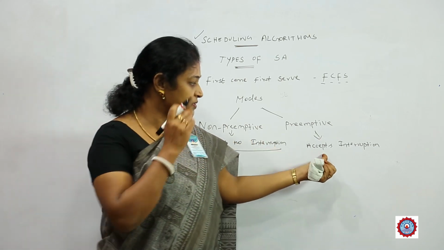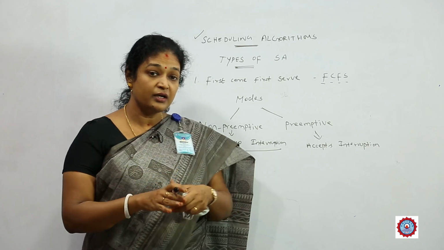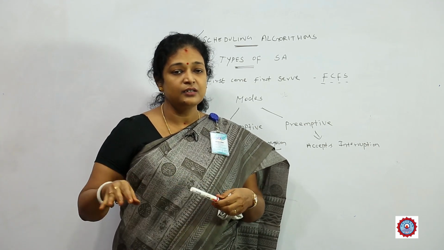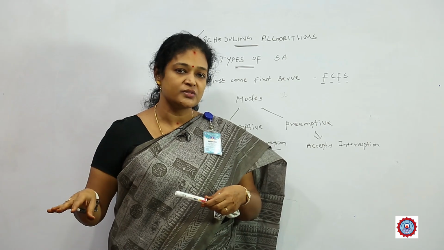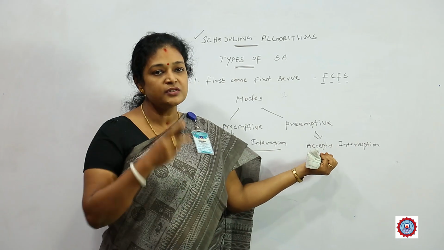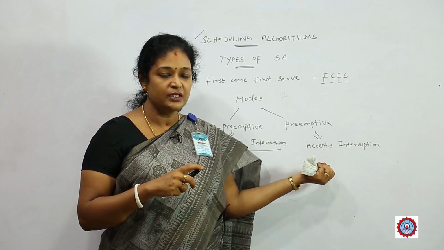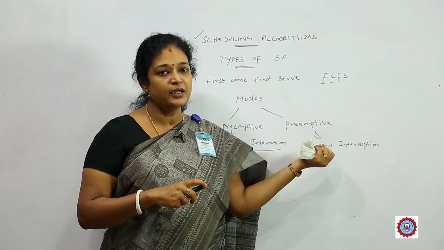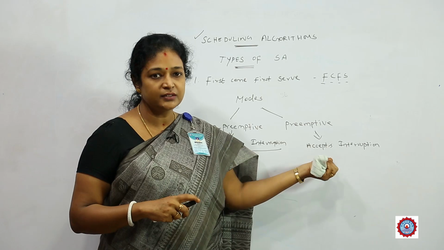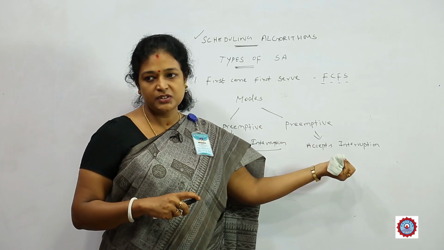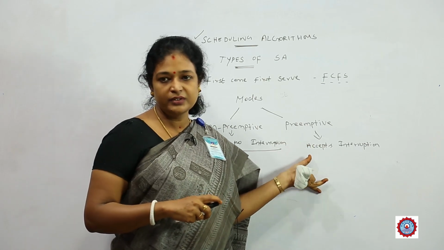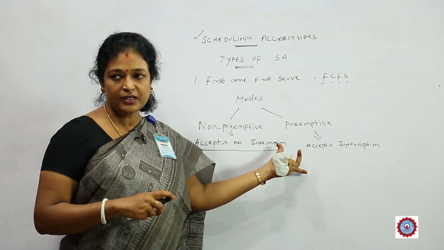And accepts interruption means, if a process is being processed by the CPU, and any other process with higher priority asks for the CPU, it will be allocated and sent to the CPU. That is the term defined as accepts interruption. I think you are now clear with these two terms, am I right?